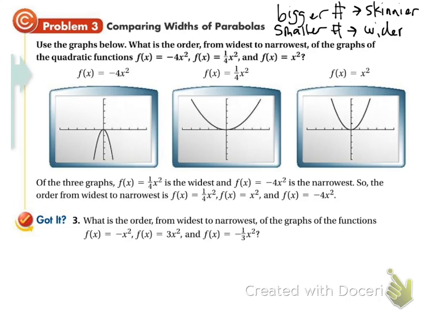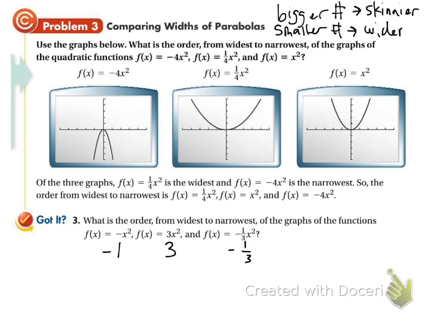So if we look here, our coefficient on this one is -1. Coefficient on that one is 3. Coefficient on that one is -1/3. They want us to order from the widest to the narrowest. So the biggest, the fattest to the skinniest. So remember I said it's kind of opposite of what you would think.